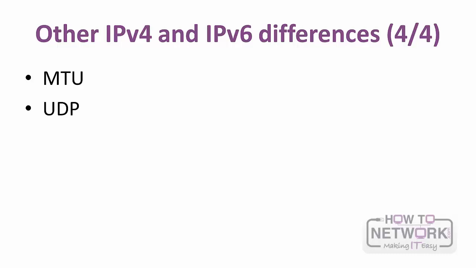UDP. UDP checksum field in IPv4 is optional. Although the protocol remains the same in IPv6, the checksum field is mandatory. This is because the IPv4 header has its own checksum field, but this field has been removed in the IPv6 header.